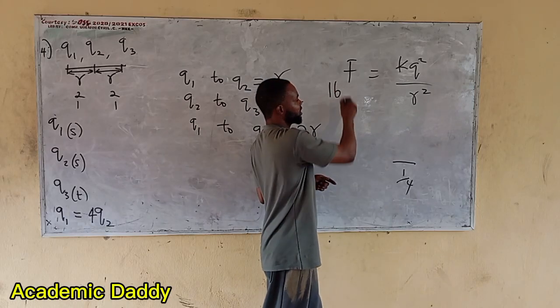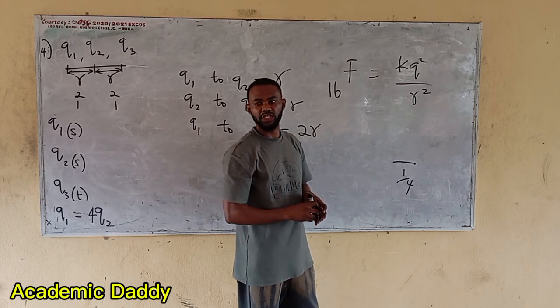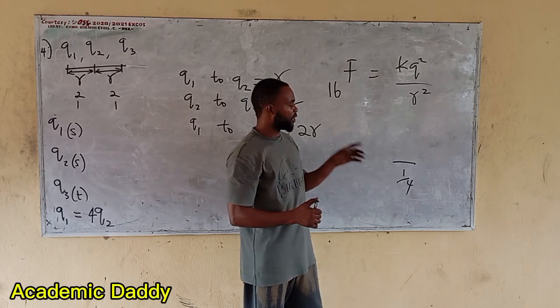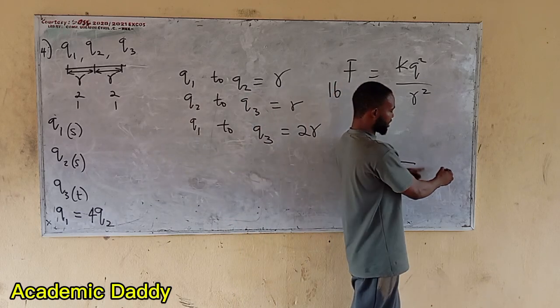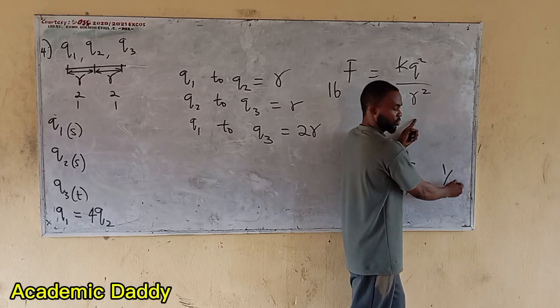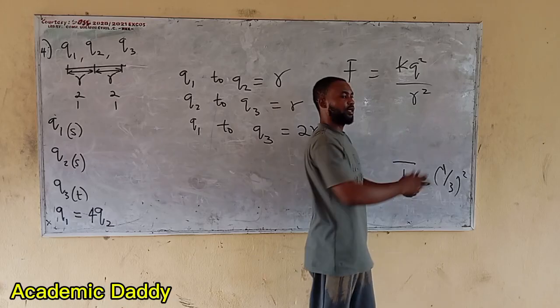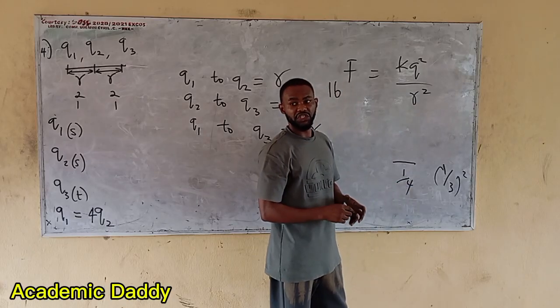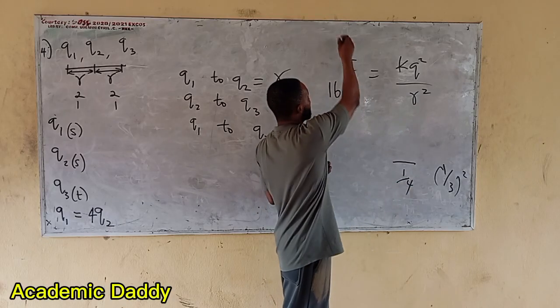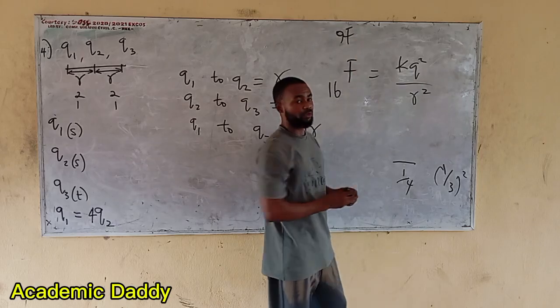Force will be multiplied 16 times. If the distance is reduced to 1/3, you have 3 squared, which is 9. The force will be increased 9 times. The new force will be 9 times.